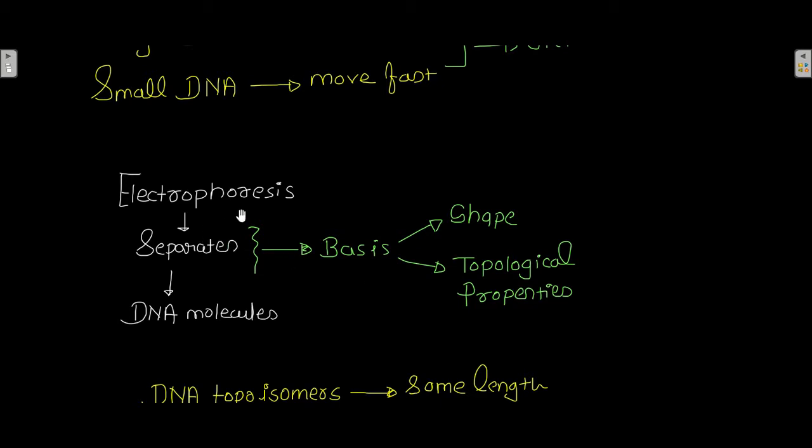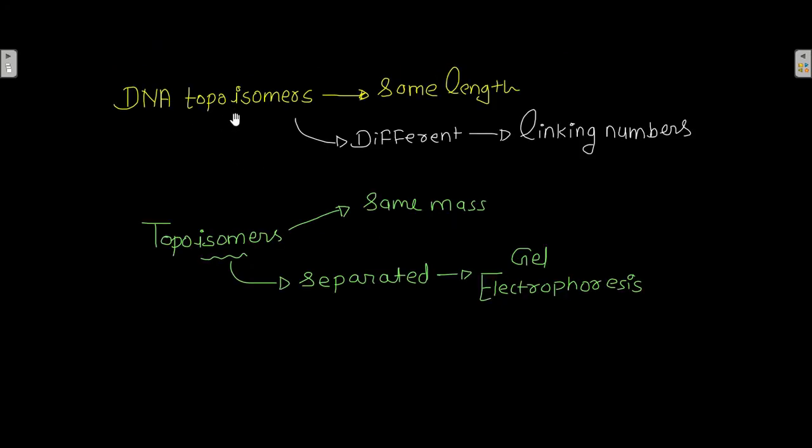DNA topoisomers are DNA molecules of the same length but with different linking numbers. And even though topoisomers have the same mass, they can be separated by gel electrophoresis.